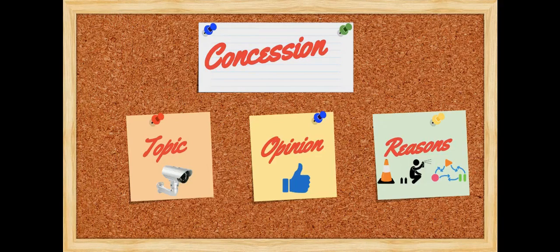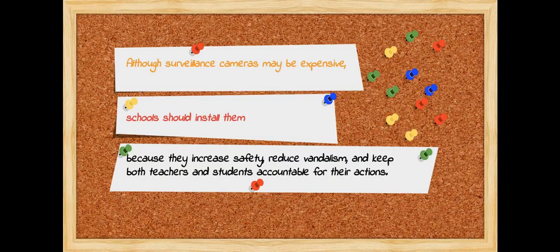So let's say in your video surveillance essay, you can admit that video surveillance cameras are expensive. So you're going to lead with that in this style of thesis writing, and it's going to look like this. Although surveillance cameras may be expensive, schools should install them because they increase safety, reduce vandalism, and keep both teachers and students accountable for their actions.